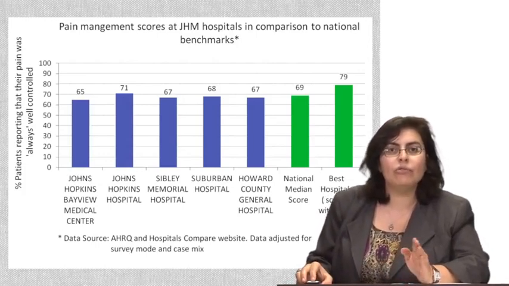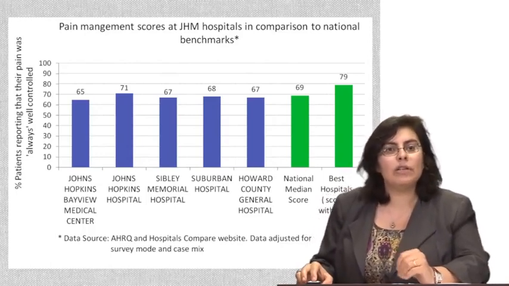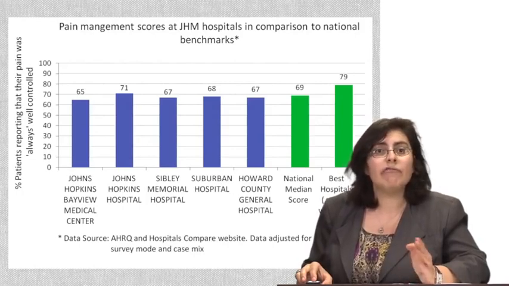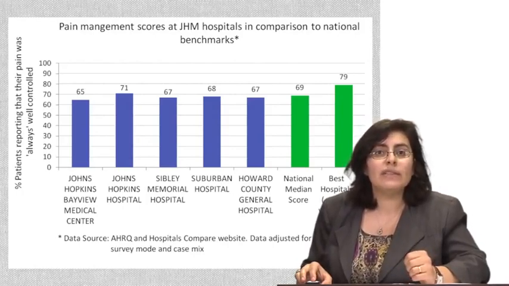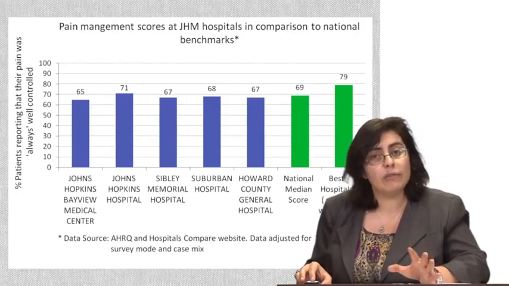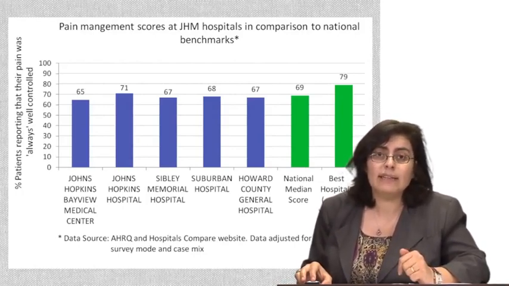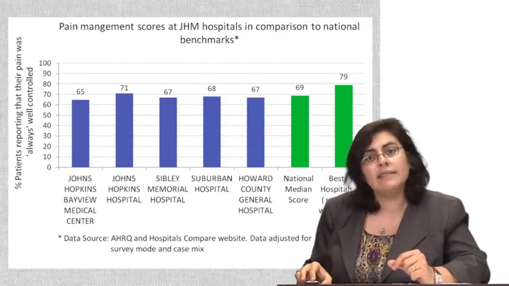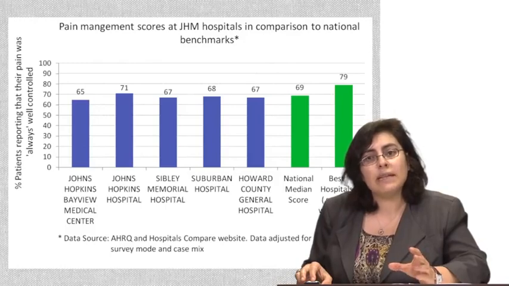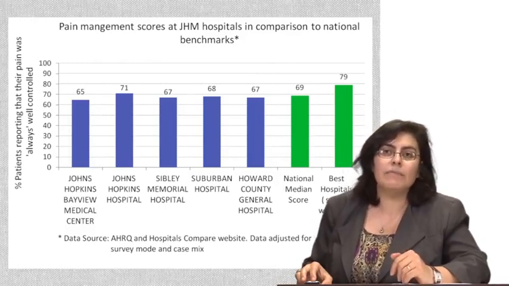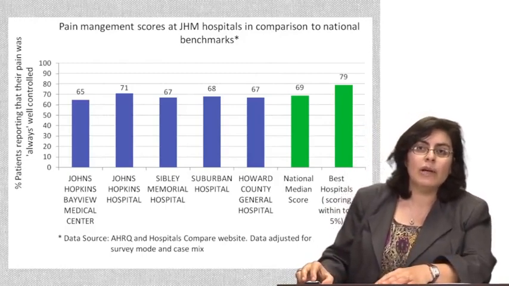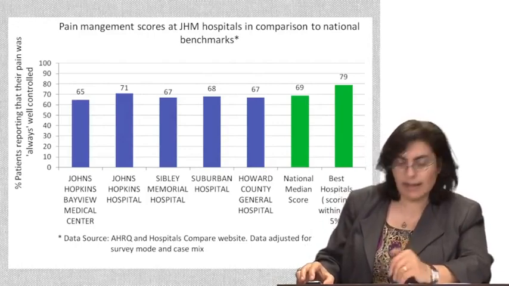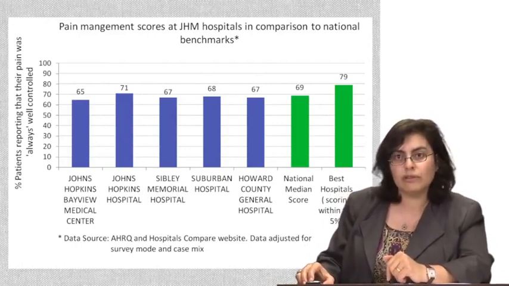And what you notice is that the range of patients reporting that their pain was always well controlled ranged from 65% all the way to 71% among the 5 local hospitals that we looked at the data for. The median nationally is about 69%, and among best scoring hospitals it is 79%. So that means 20%, the rest of the patients, do not say that their pain is always well controlled.